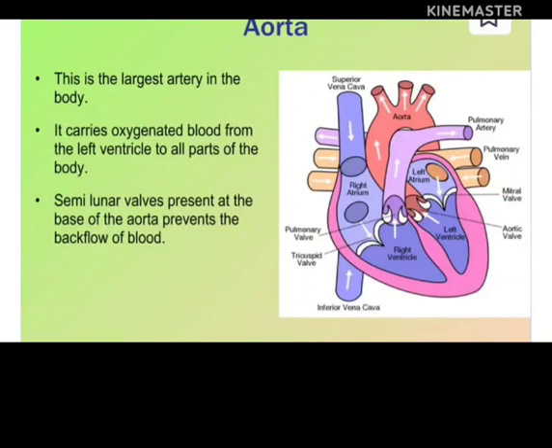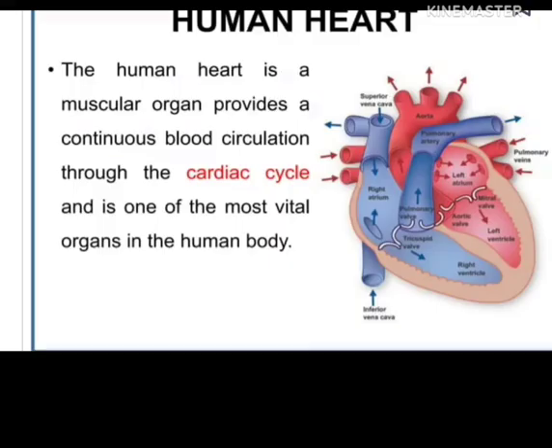You can see the aorta here in this picture. The human heart is a muscular organ that provides continuous blood circulation through the cardiac cycle and is one of the most vital organs in the human body.